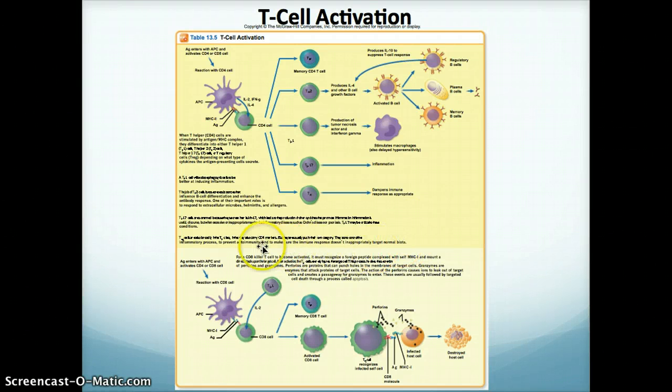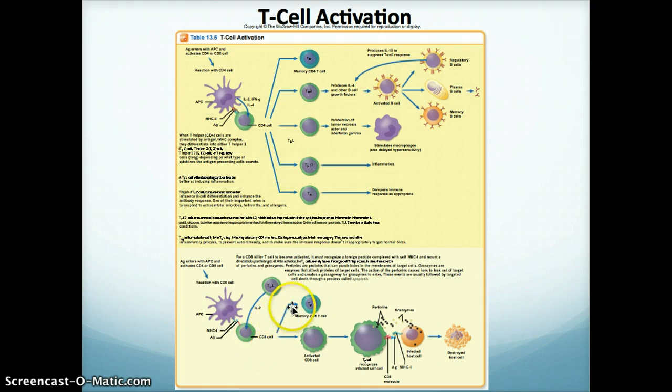The bottom of this table then goes into the CD8 activation. So we have the CD8 cell here, which will bind to an MHC1 antigen presenting molecule. We will have interleukin 2 that will then also proliferate helper cells. And the CD8 cell, or cytotoxic cell, will then proliferate.